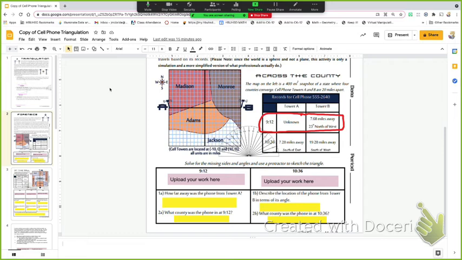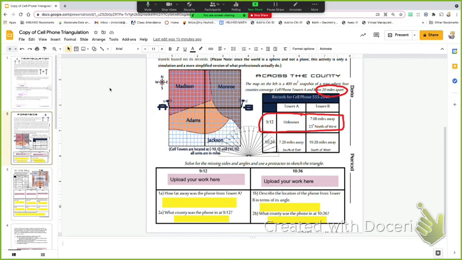So we have no idea what happened with cell phone tower A at 9:12. But from cell phone tower B, it was 7.68 miles away at an angle of 23 degrees north of west. Now, pay attention here. The cell phone towers are 20 miles apart.